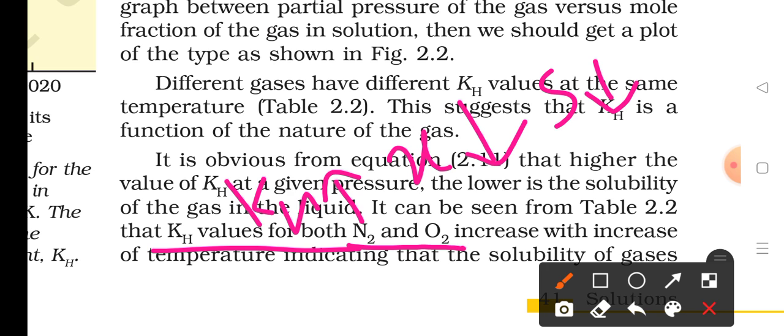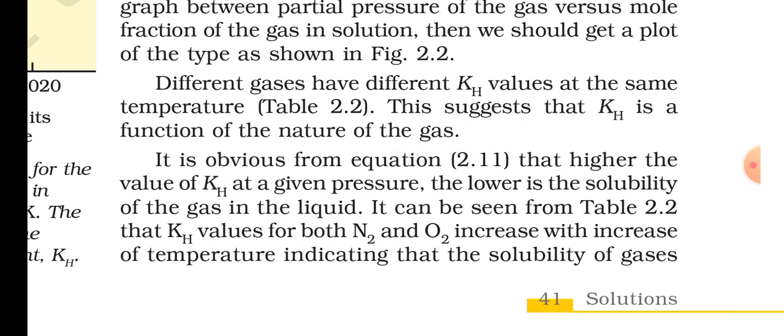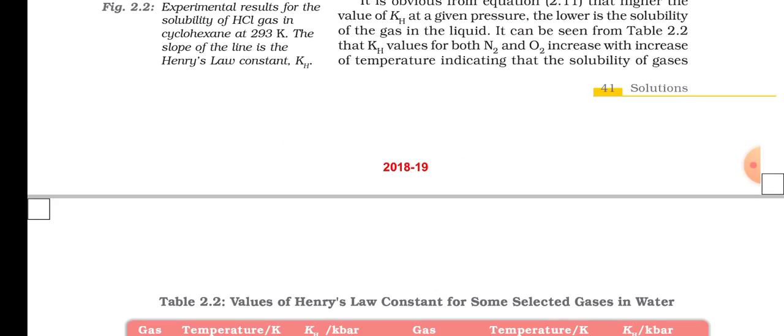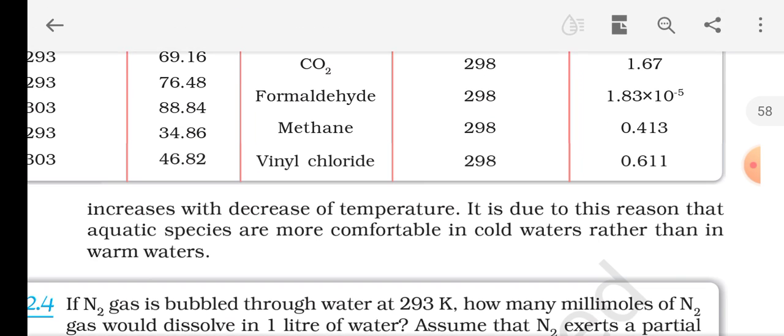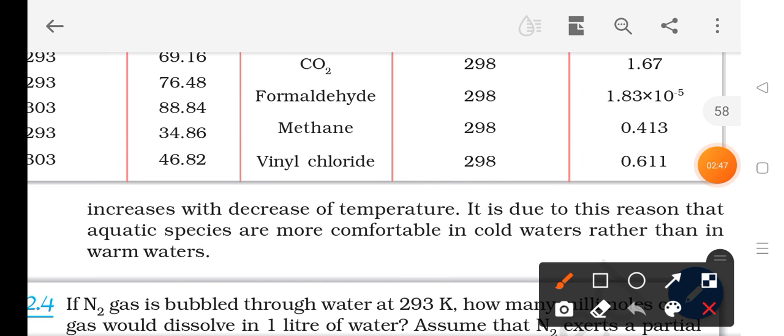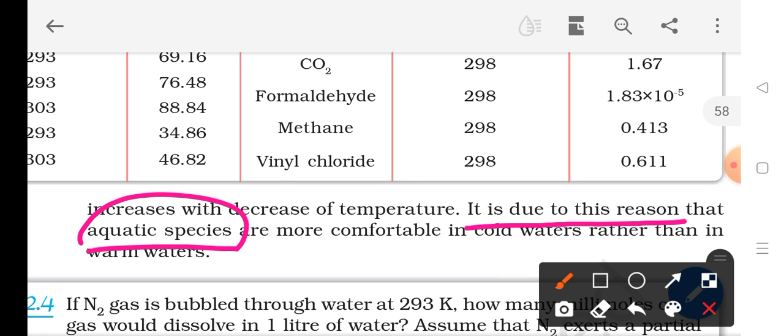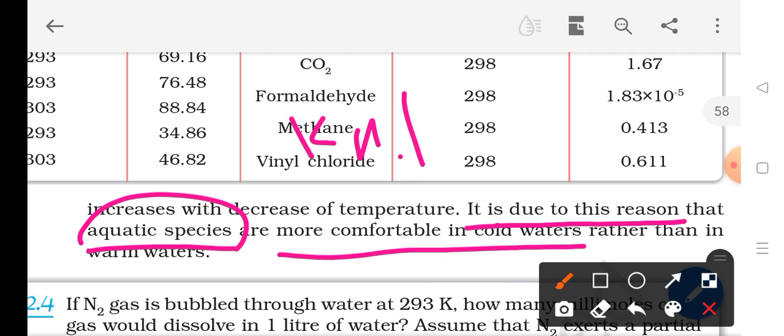Those who live in water feel good living in low temperature. It is due to this reason that aquatic species, meaning those species who live in water, are more comfortable in cold water. Why? Because in cold water, the K_H value of N2 and O2 is less.